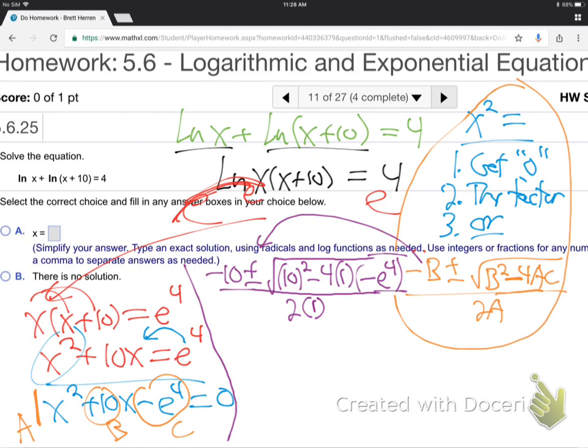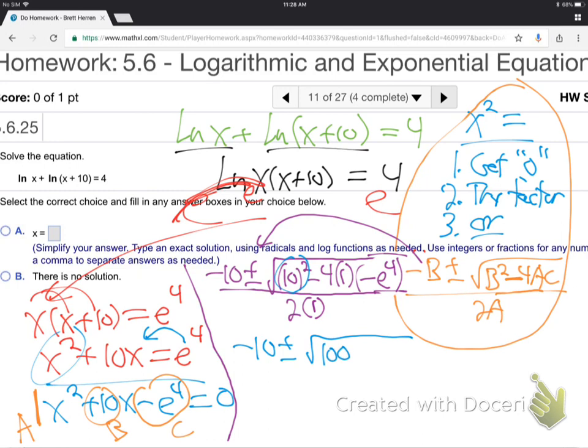Now we start cleaning this up a little bit, but this is going to require some pretty fancy algebra work. Let's go through it. Negative 10 plus or minus the square root of 10 squared, that's 100.